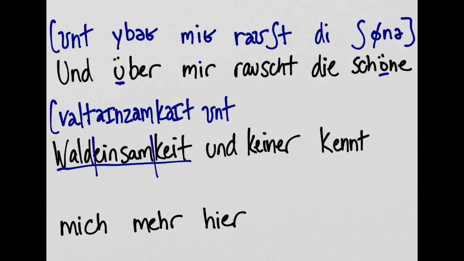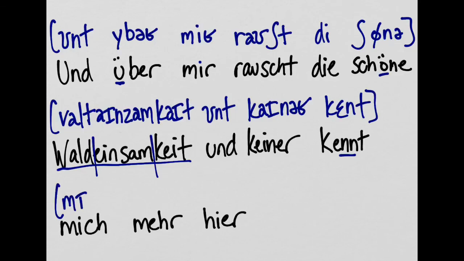Und again, keine, our schwa R ending, and then open E because of the two consonants, or multiple consonants, kennt. M, open I due to a CH, and an Ichlaut, mich.